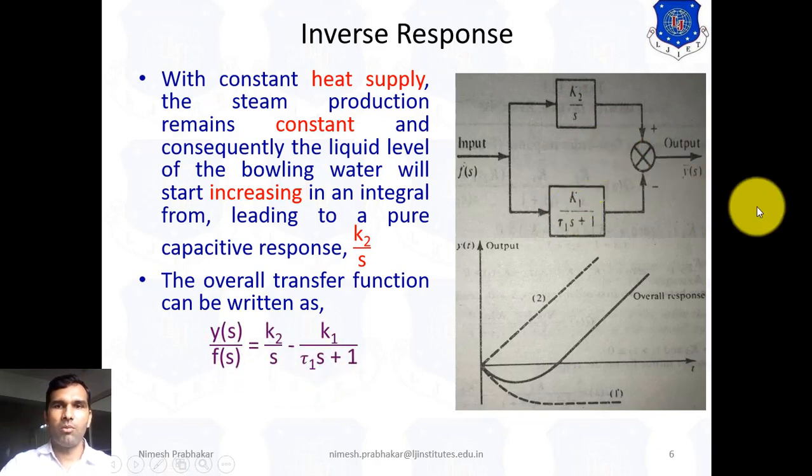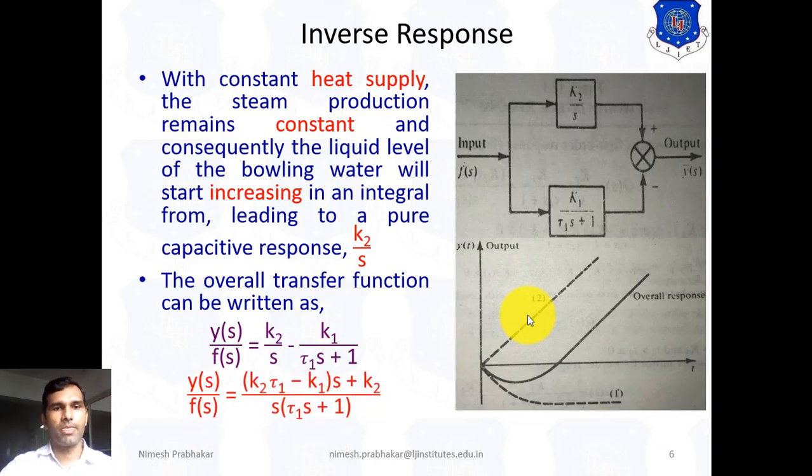So Y(s)/F(s) is nothing but the summation of these two blocks, but this is an inverse block, that's why here we indicate the minus sign: K2/s minus K1/(tau1 s plus 1). So this is the overall response of the system.